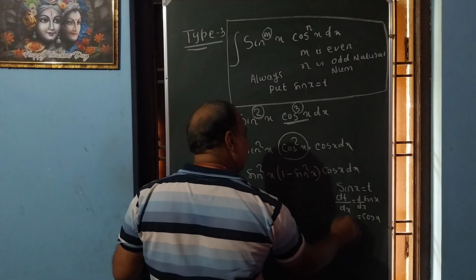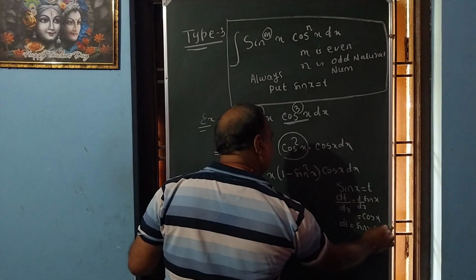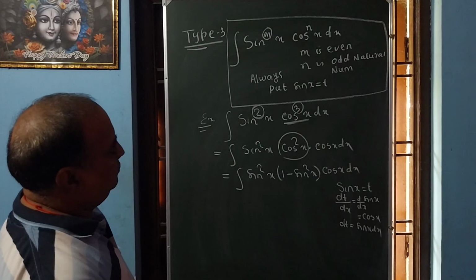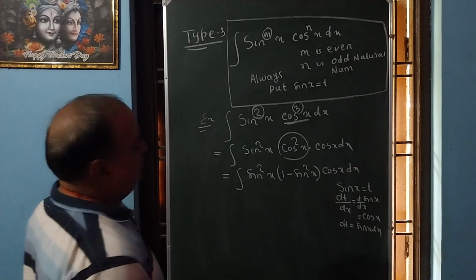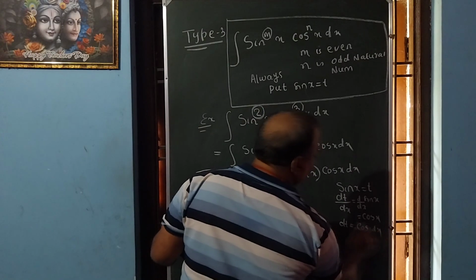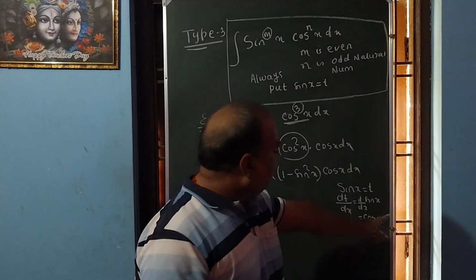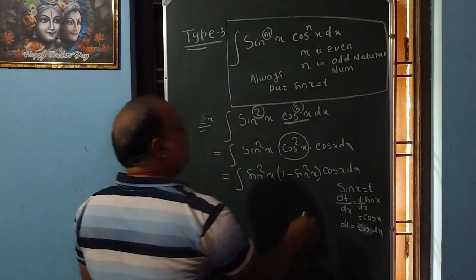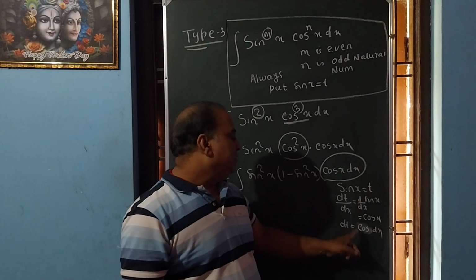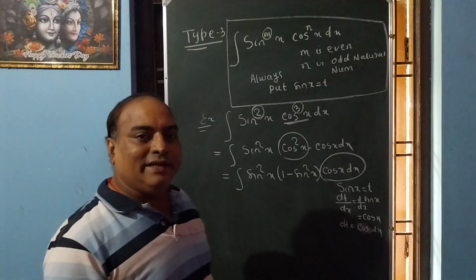So we get dt is equal to cos x dx. So in place of cos x dx, we write dt. In place of sin x, we have to write t.